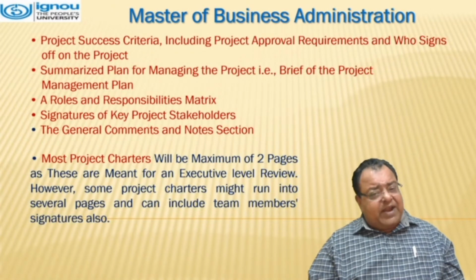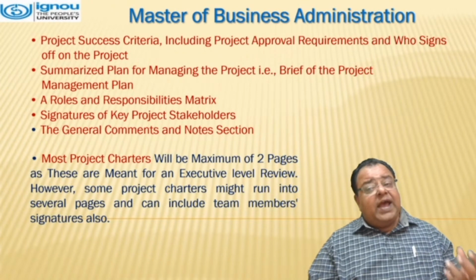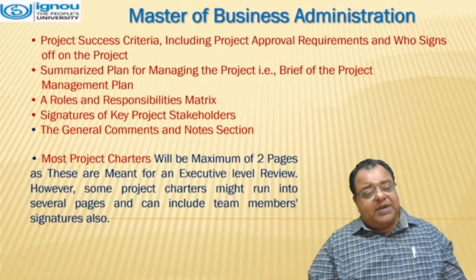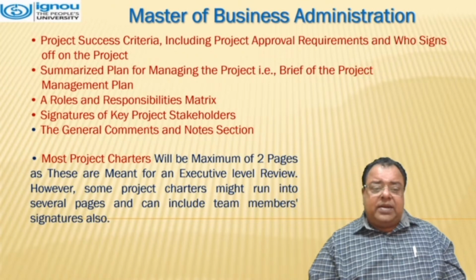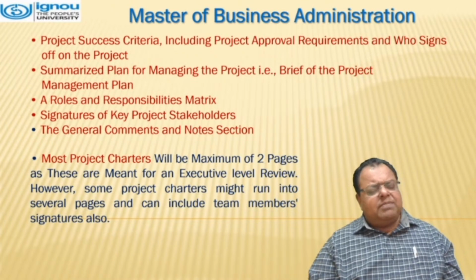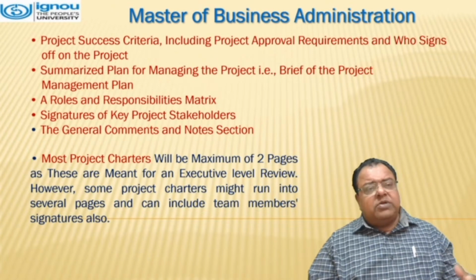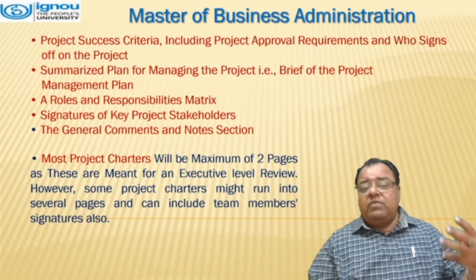Project success criteria, including project approval requirements and who signs off the project. A summarized plan for managing the project, that is, the brief of the project management plan. A role and responsibility matrix, that is, who will be doing what.